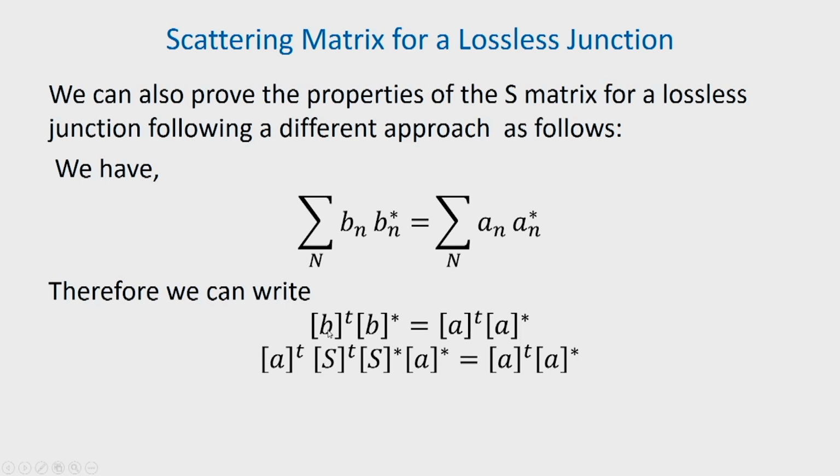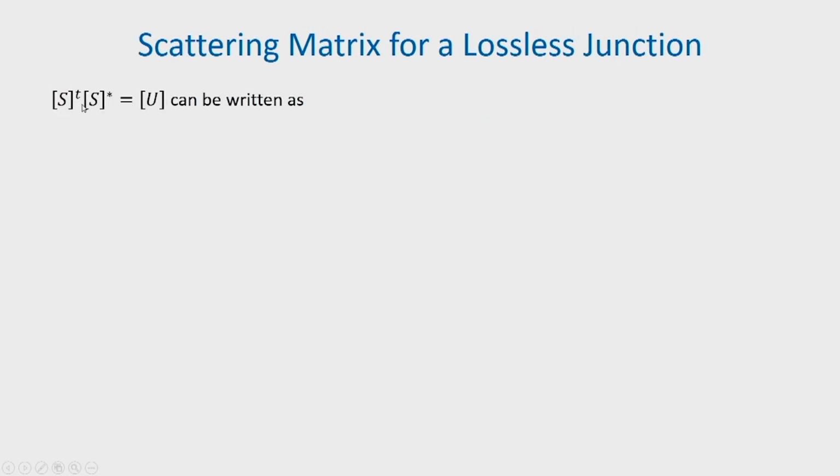Now, if we substitute B equal to S A and then take the transpose, we get A transpose S transpose S conjugate A conjugate equal to A transpose A conjugate. That means this term will be a unity matrix.